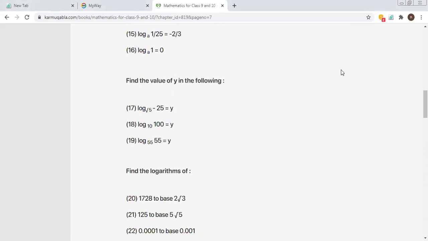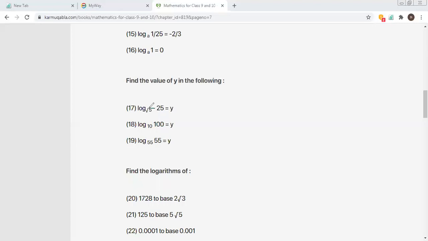No, question number 17. Question number 17: log base root 5 of 25 is equal to y. Okay, so it's not a minus 25, it's a mistake in the question.